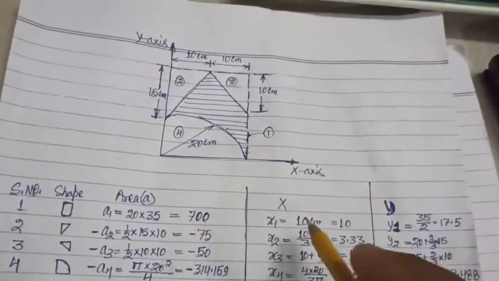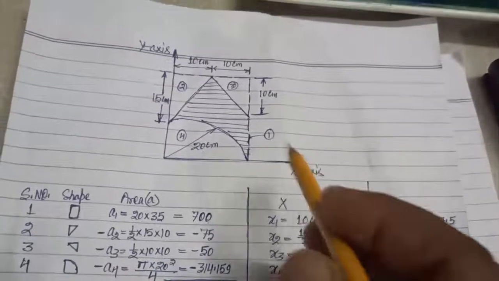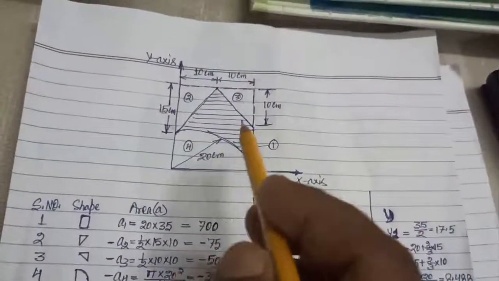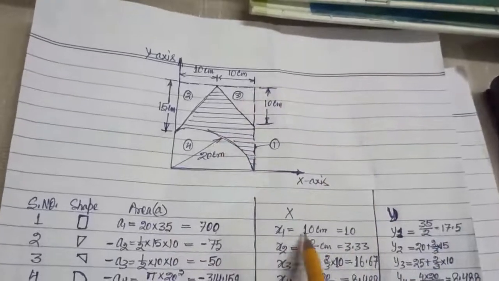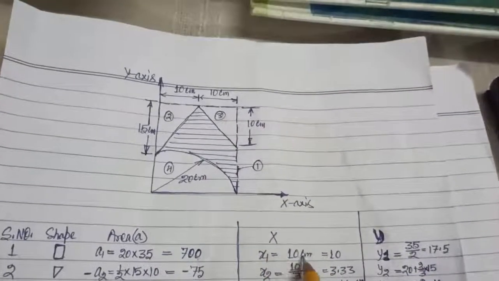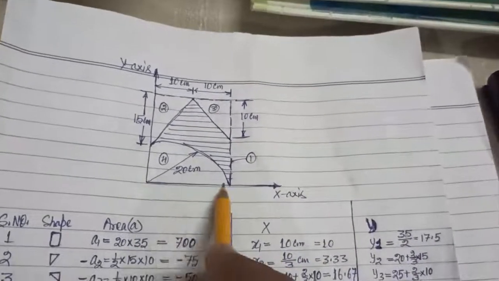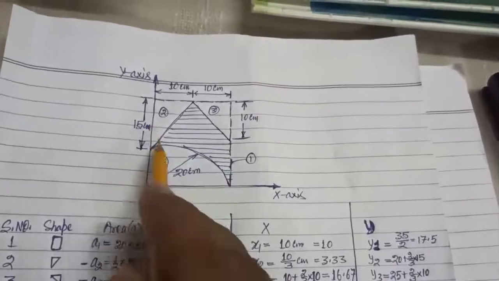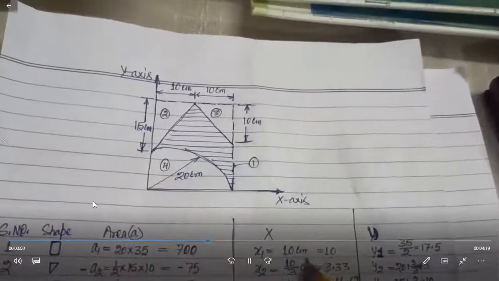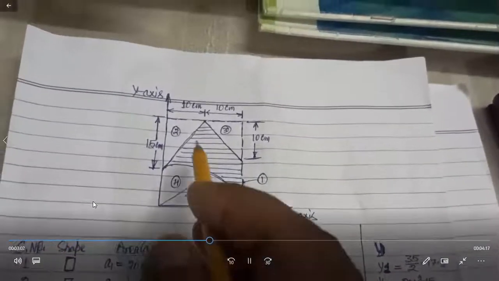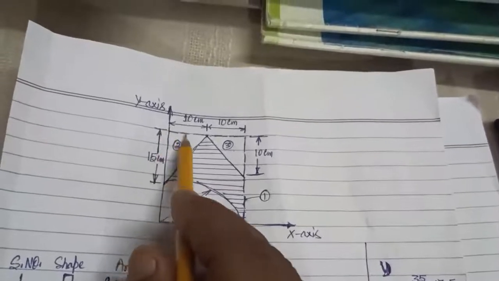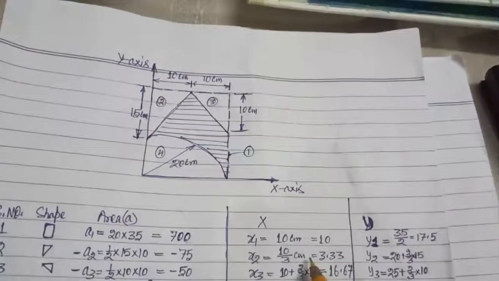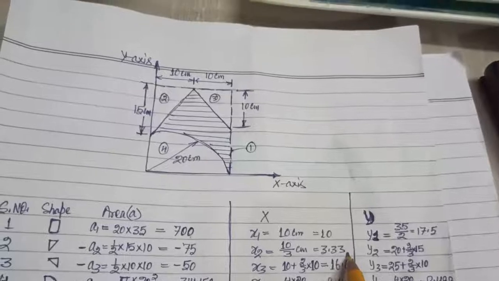Now x is the distance of the centroids from the y-axis. This is the 20 side, so for the rectangle it will lie at 20 by 2, so 10. And x2 is for this triangle, from the right angle side, so this is 10 by 3, which is 3.33.